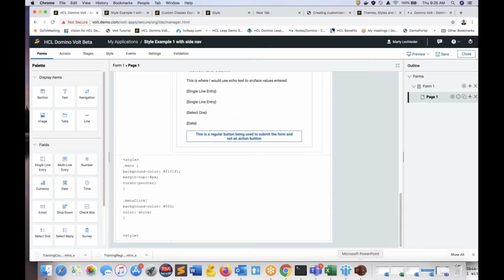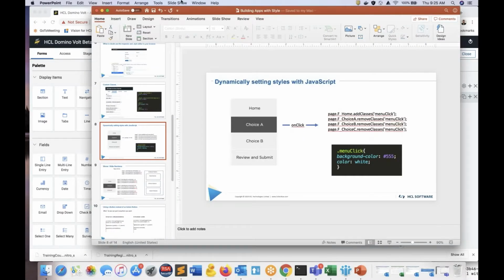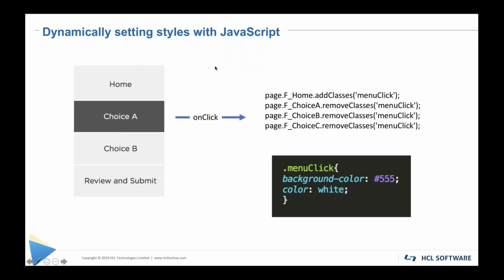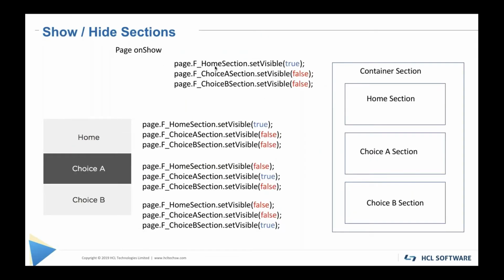All right, so let's talk about the next piece of this application, sections. In this example that I have on the screen here, I've got 3 choices, and when I click on that choice, I'm deciding what to show.